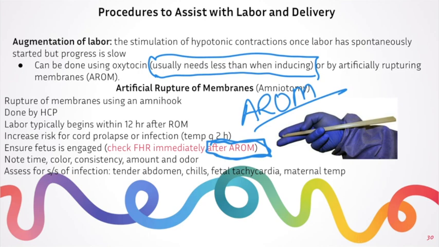So we are going to write down the time, and the color and all of that jazz, okay? We need to know, as their healthcare providers, if they've been ruptured 7, 8, 9 hours, as long as they're afebrile, I'm okay. But as we're getting to 16, 17, 18, 19 hours of being ruptured, it's risky, right? The longer you're ruptured, the bigger risk you have of having an infection, okay?